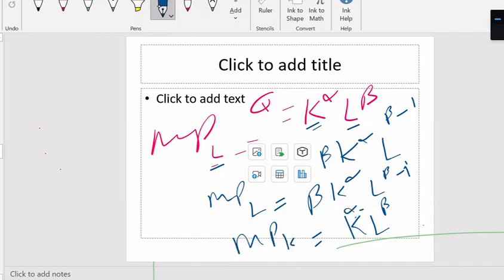Moja. Alpha na moja, lakini alpha ije wapi? Ije hapa. That is the marginal product of capital, and that is the marginal product of what? Of labor. Are we together? Yes. Yeah, kwa hiyo it is like that.